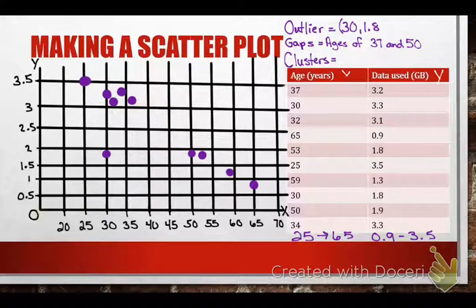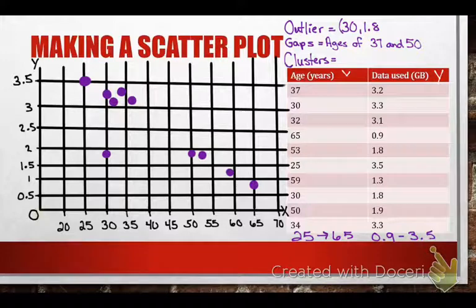All right. Now let's talk about clusters. Does anybody see a group of points where it's all like really clustered together? Yes. Caitlin? 37 and 30. Yeah. Would you agree that it's kind of up in this area, right up here? Okay, so here's what we're saying here. From the ages of 25 to roughly 37, what can you say about the cell phone usage in that range?